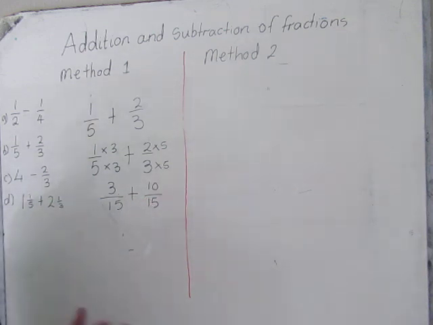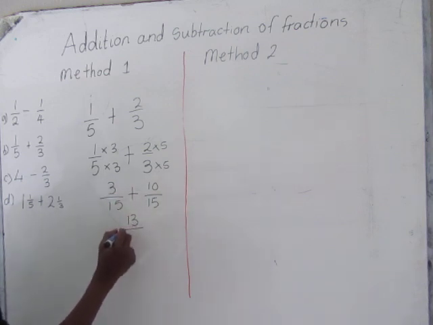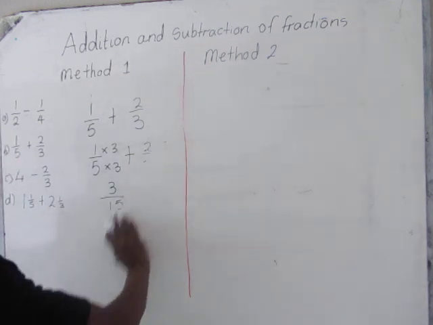Now the denominators are the same, we add the numerators, which is 3 plus 10 is 13 over 15. Then you have simplified your fraction.